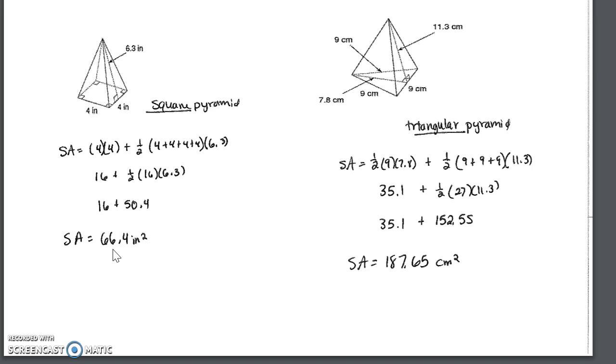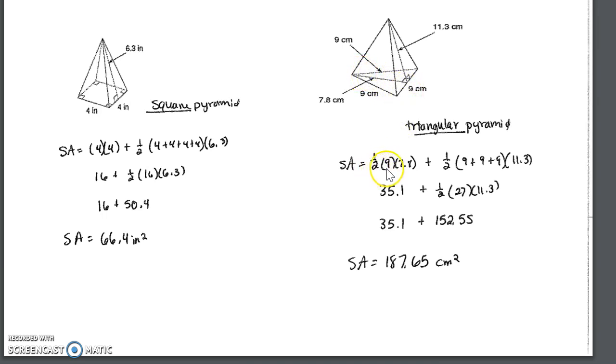The next one is a triangular pyramid. So if you look at your triangular pyramid, this one's a little bit more work because it's a triangle. How do you find the area of a triangle? 1/2 base times height. Your base has to form a 90-degree angle, so your base and your height. Your base is 9 centimeters, and perpendicular, or 90 degrees to that, is 7.8.